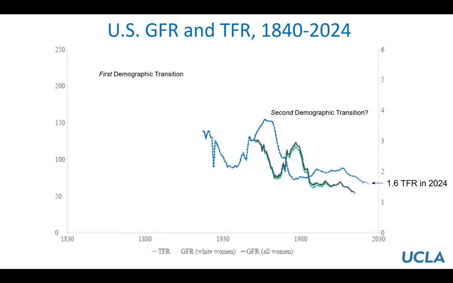There's often one demographic transition, and that typically refers to fertility decline that largely happened in the post-bellum period in the United States, when the US was going through a big industrial transformation. There's some question about whether there has in fact been a second demographic transition, which happened as the baby boom was declining.